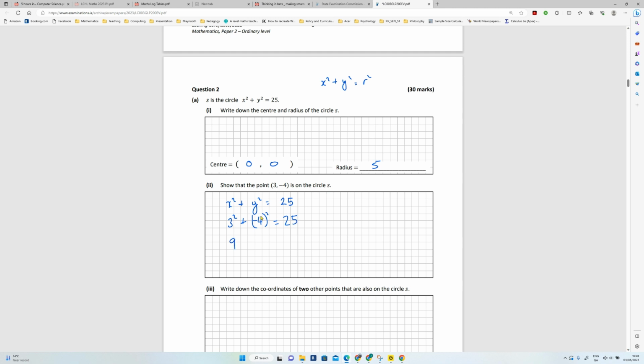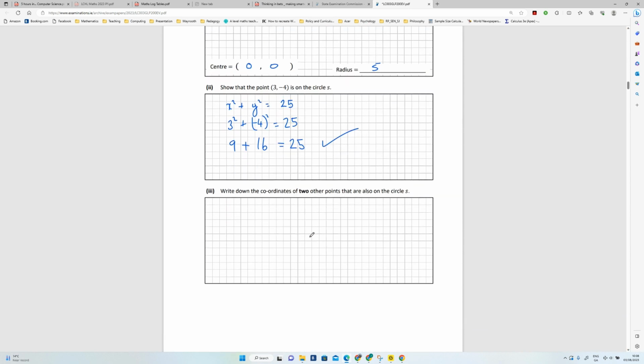So it's going to be 9 plus 16 is equal to 25, which means I've verified that the point is on the circle.